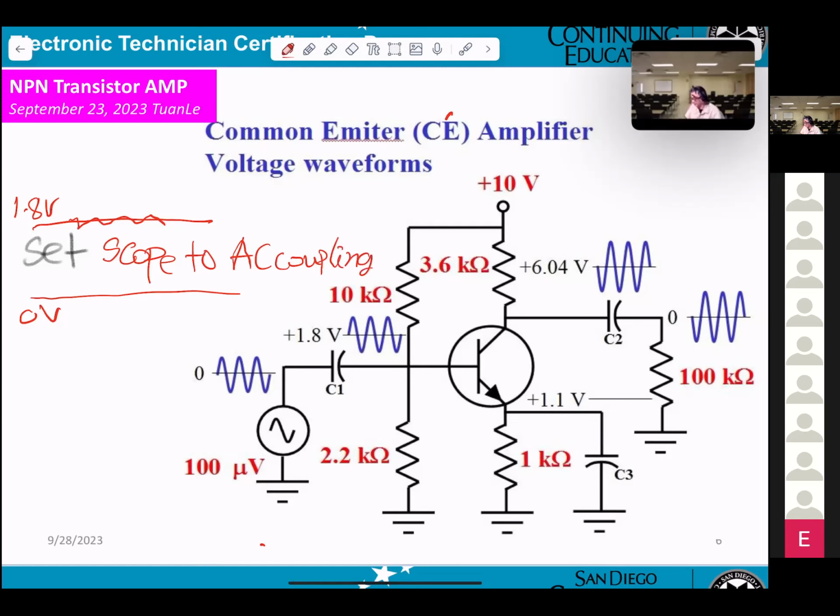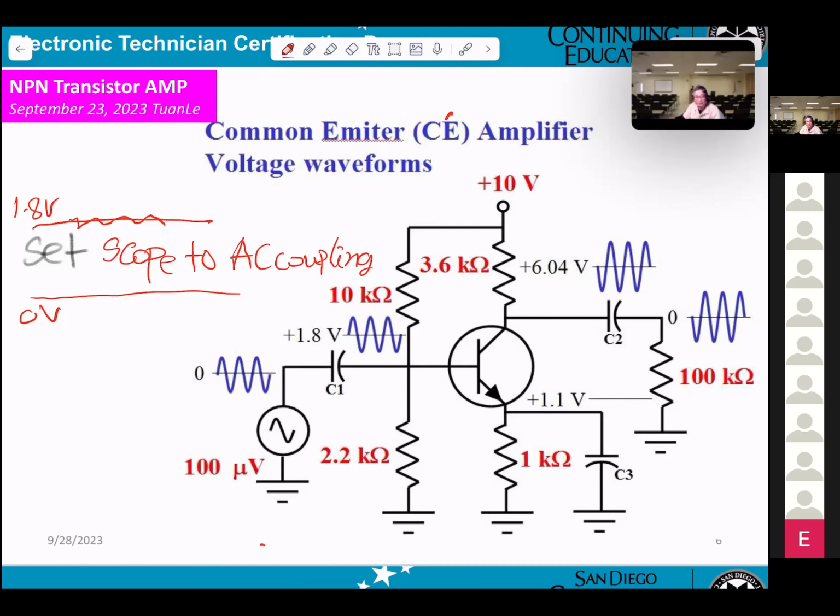Okay? If you want to measure the small AC with the DC, then you must set the scope to AC coupling.